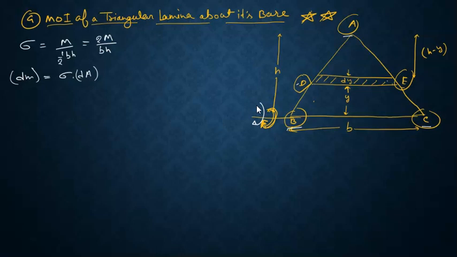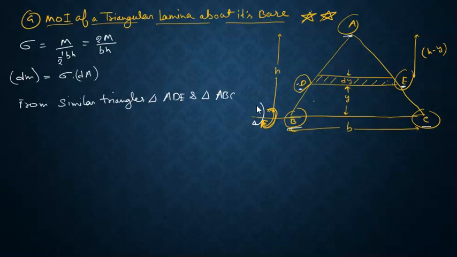So to find the length of DE, we have some tricks. We will use the properties of similar triangles. From similar triangles, triangle ADE and triangle ABC.